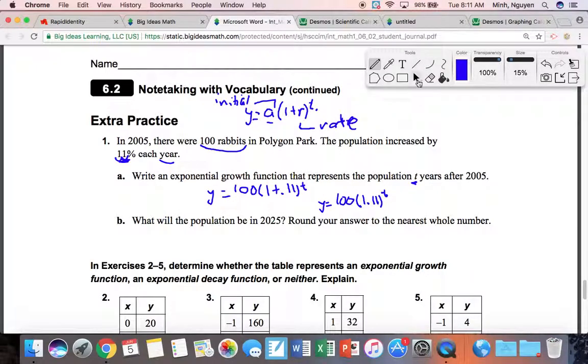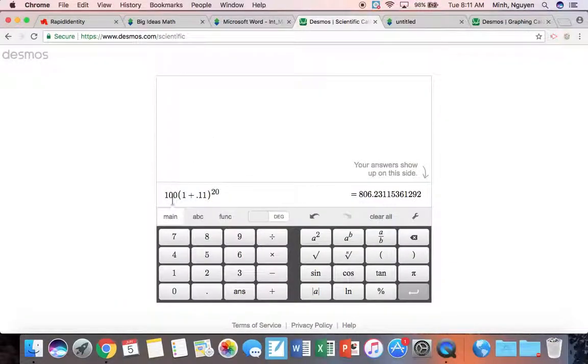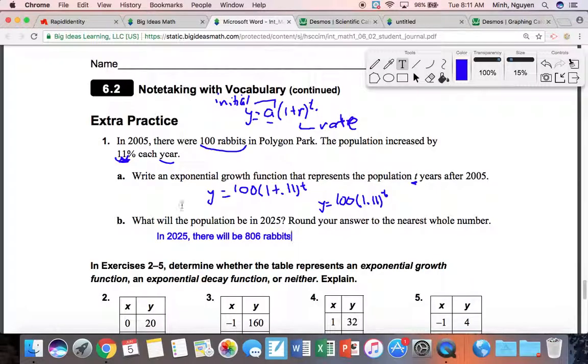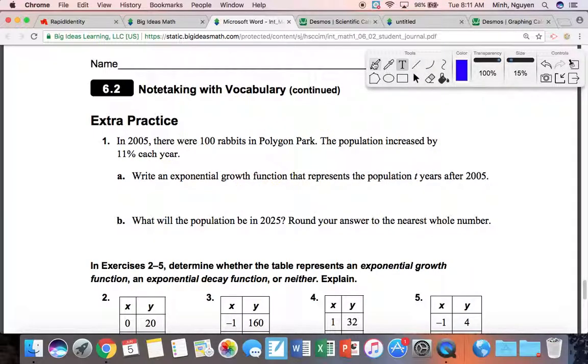So after 20 years, or in 2025, there will be 806 rabbits. And again, you would copy what I wrote here to show your work for part B. You'd write y equals 100 times 1.11 to the 20th power to indicate 20 years.